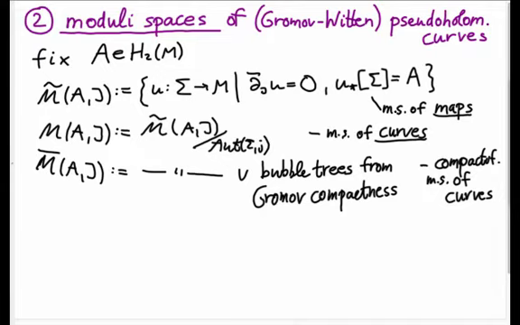So, in the example that we toiled with all of last semester, my base homology class was just the fundamental class of CP1 and the point in the torus. That was a particularly nice class because it was excluding bubbling.